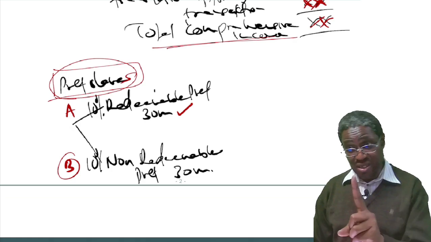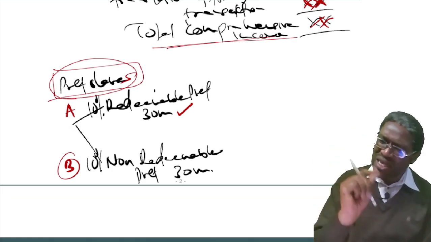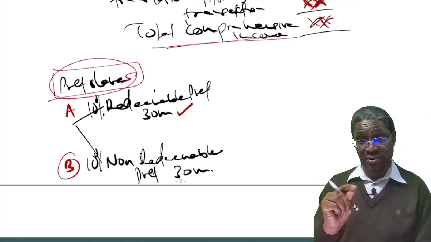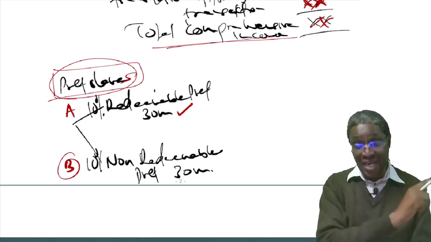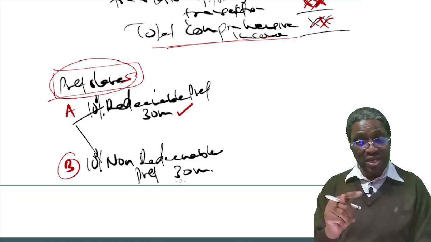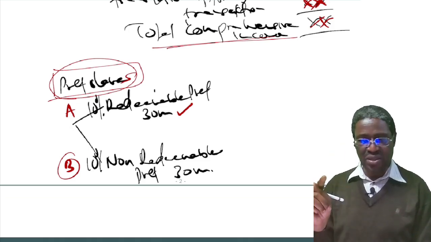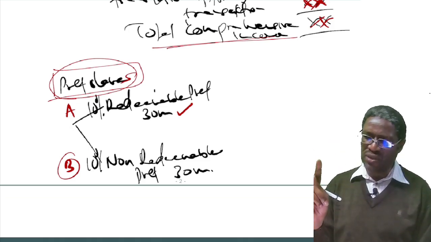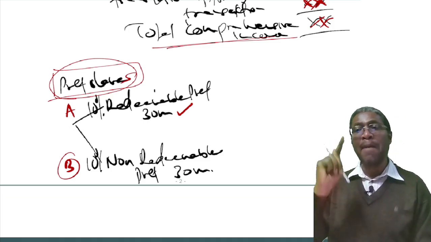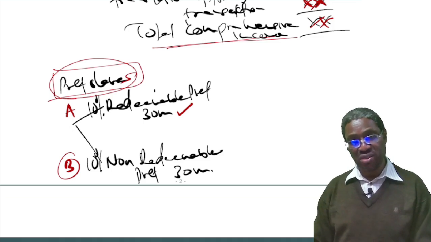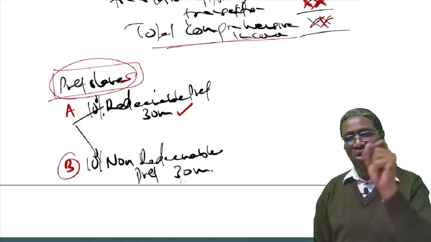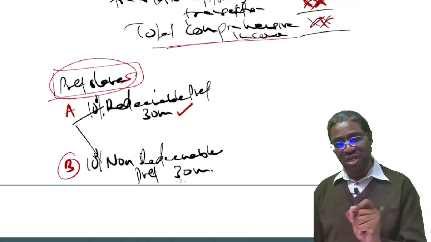Redeemable preference means if 10 years ago the company issued these preference shares as redeemable, it means that your company one day in the future will be required to redeem those shares. In other words, pay back those shares. That's what we call redeemable preference share. The company will be required to pay back the 30 million.